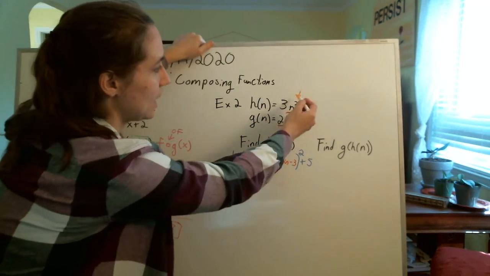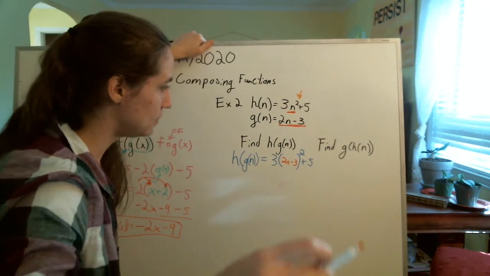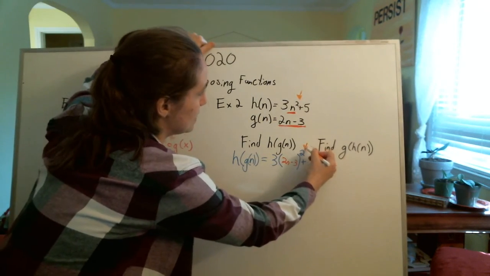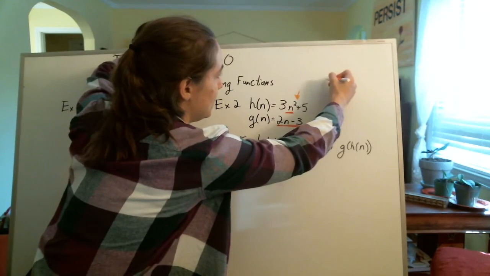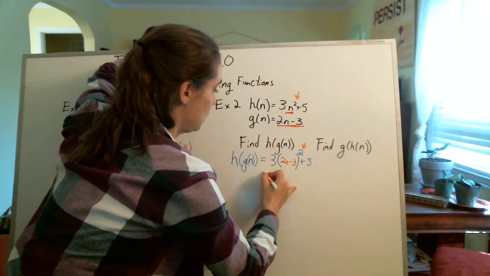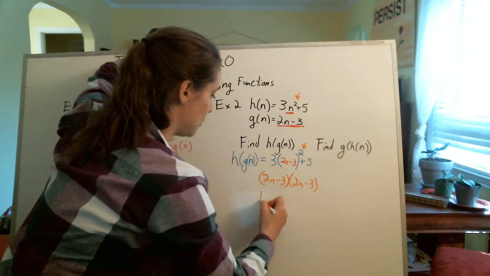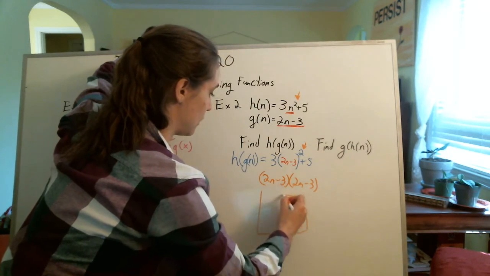Now, when you have this one, again, remember that's squared. That squared matters right now because it's outside of my parentheses. Outside the parentheses means I need to take this 2n minus 3, and squaring means 2n minus 3 times 2n minus 3. So I am basically multiplying those two out.